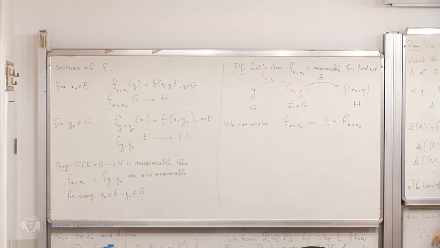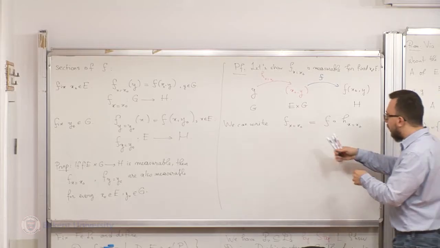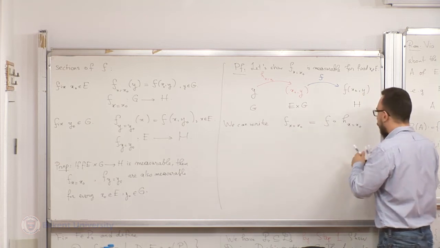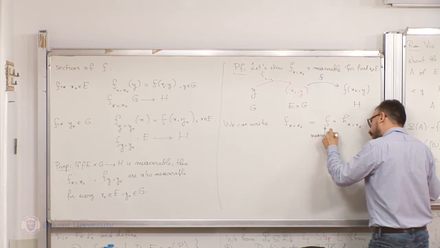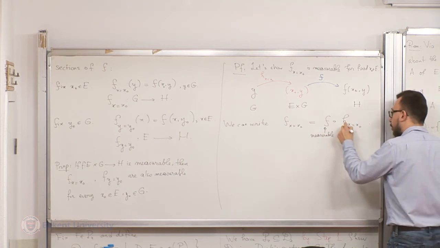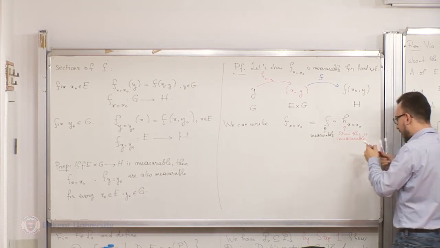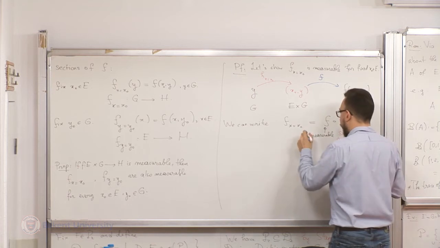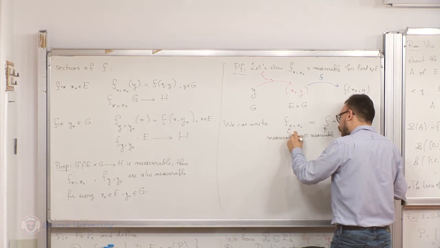So compositions preserve measurability. If you have a composition of two measurable functions, it is measurable. We are given that f is measurable. All we have to do is to show that h is measurable. And then, at the end of the day, we're going to have that this is also measurable as a composition.